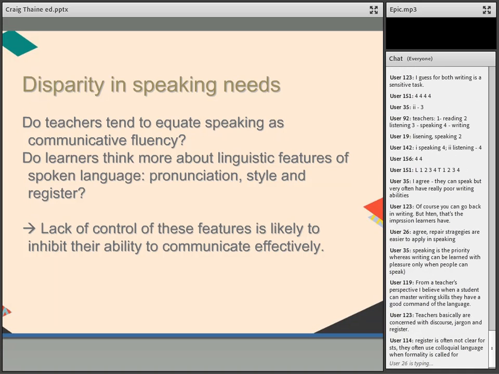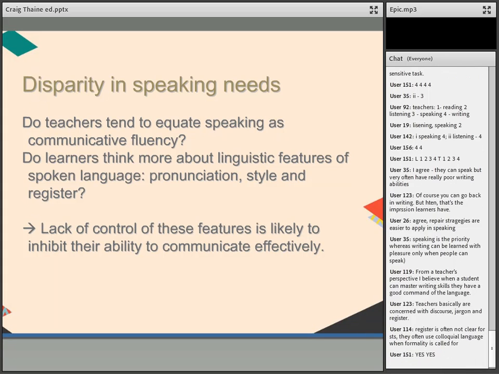But I feel, particularly having spoken to learners, I think that they see speaking as more of an idea of actually having to marshal linguistic features of the language. They have to think about pronunciation. They have to think about style, whether they're being formal or informal. They have to think about register, whether they're using the correct language in a particular context.